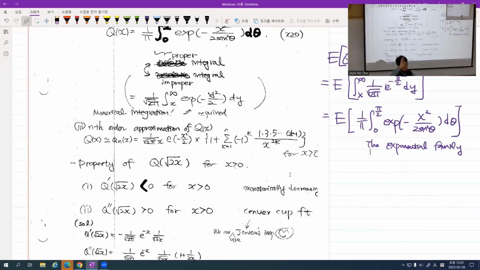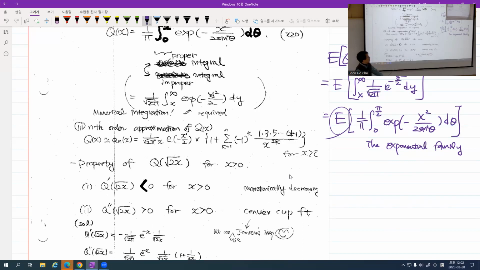E to the negative something squared divided by a constant, right? Exponential is, of course, a member of the exponential family. What happens if x or x squared is in the exponent? This expectation is the multiplication of this function times the density, which is also e to the something of x. And then you can group this x with that x and sometimes find a very good closed form.